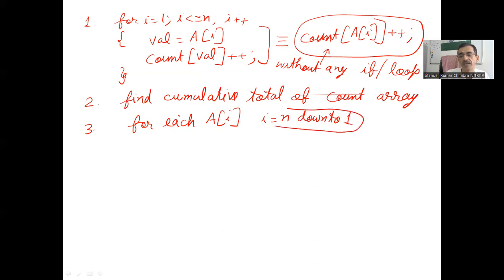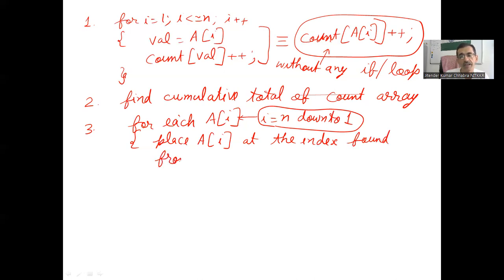Without syntax, I am writing: for each A[i], you have to place A[i] at the index found from the count array. Find out the count array's index and then place A[i].